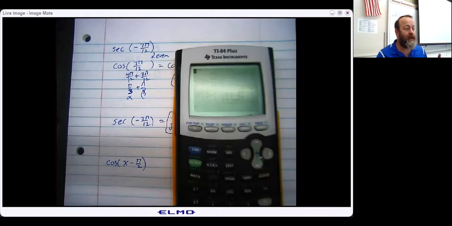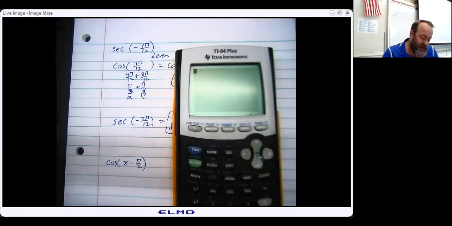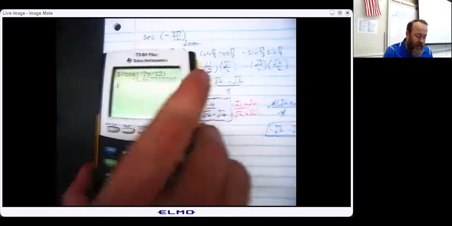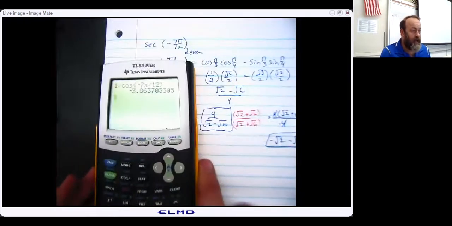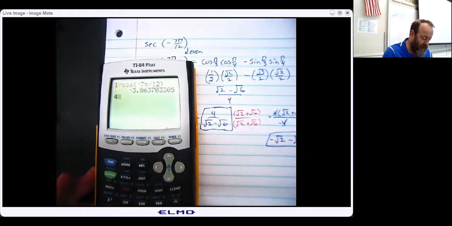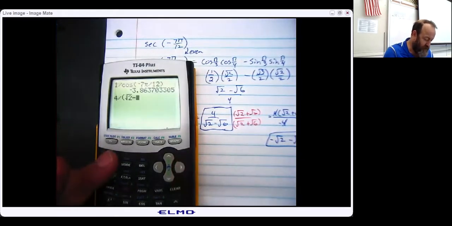So let's just see how we did on that one. When I took the secant, now unfortunately I don't have a secant button, but I do have a 1 divided by the cosine button of negative 7 pi over 12. Now that's going to be probably an unpleasant looking answer. And when I did my original story, I stopped at 4 divided by root 2 minus root 6.